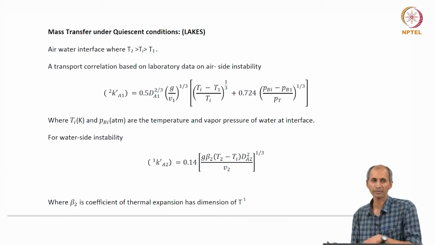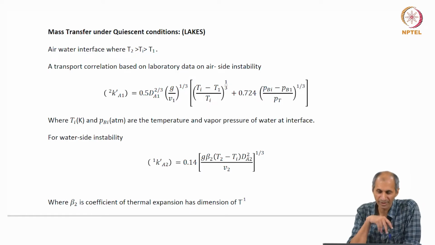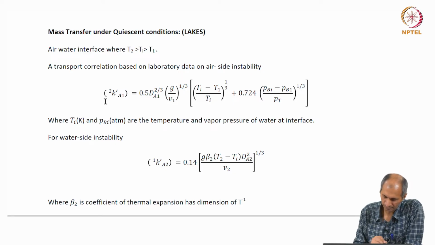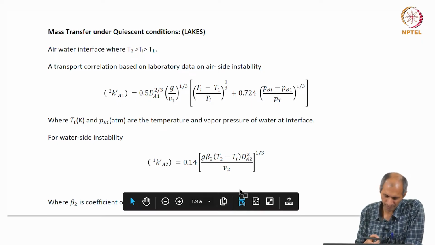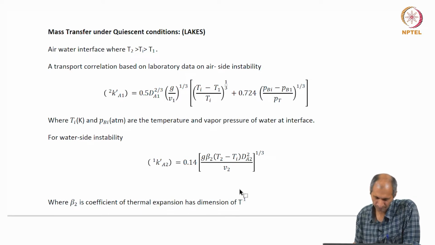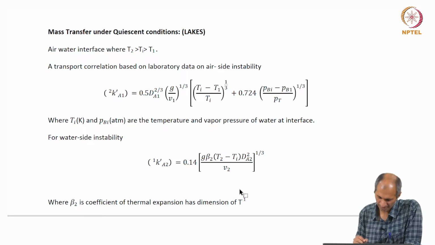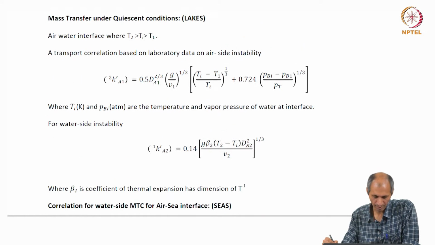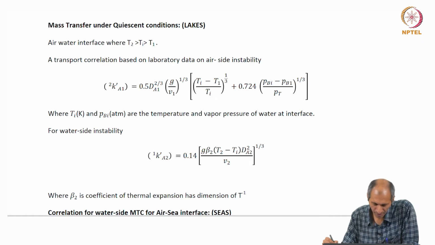So, there is another coefficient. People have measured mass transfer coefficients under quiescent conditions for lakes. Now, when you have quiescent conditions for lakes, which means there is a rho A Ka rho A1. So, here this term does not have any... it is not clear if this V is given here, if it is gamma or nu, or V is velocity.